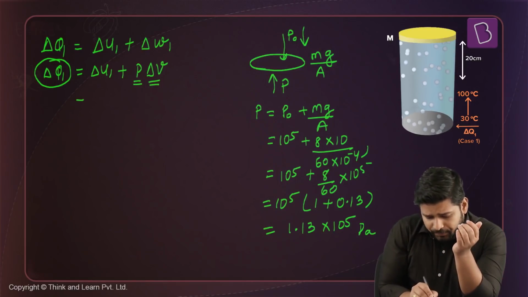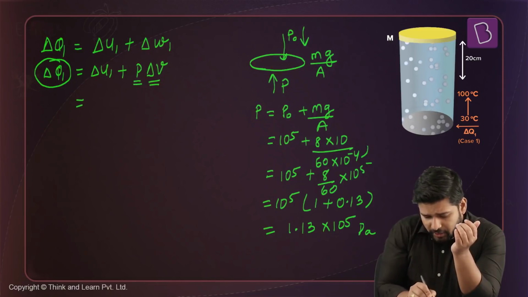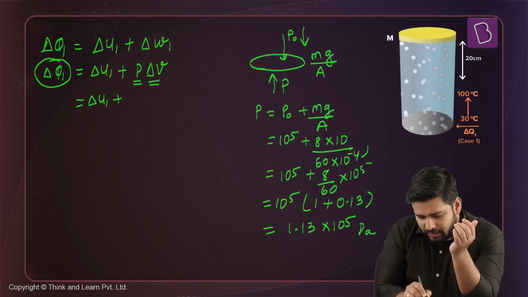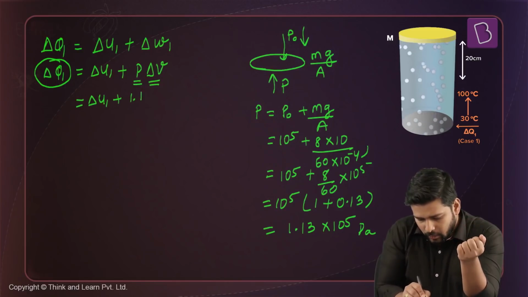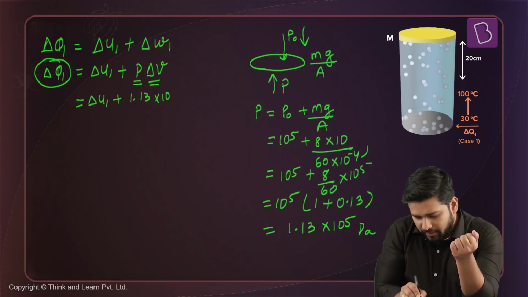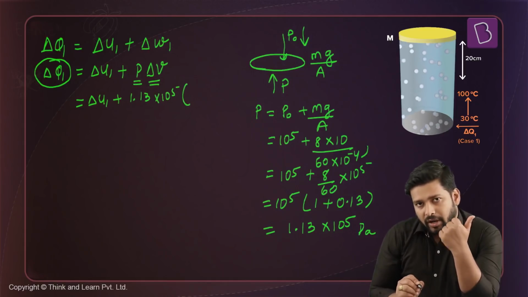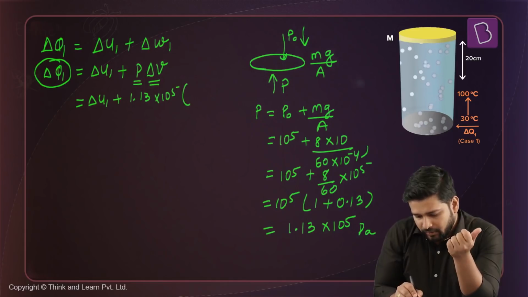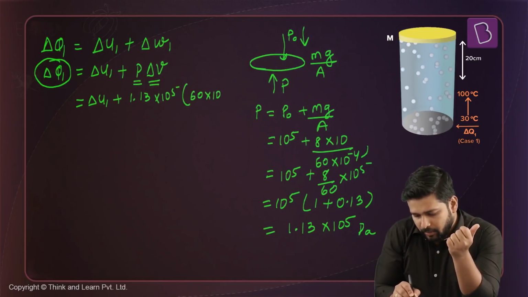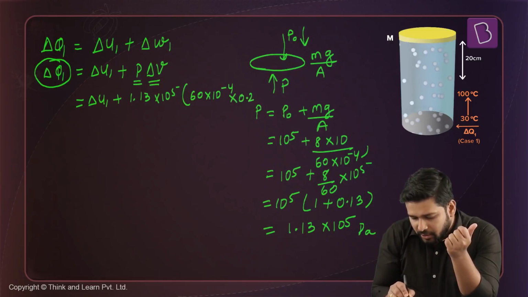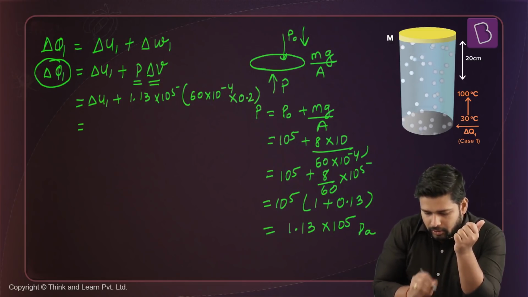So what we can write is delta U1 plus, we just plug in the value for pressure, that's 1.13 into 10 to the power 5, and then we have delta V. Delta V is area times displacement. So what was the area? 60 into 10 to the power minus 4, times the displacement, 20 centimeters, that's 0.2 meters, right?